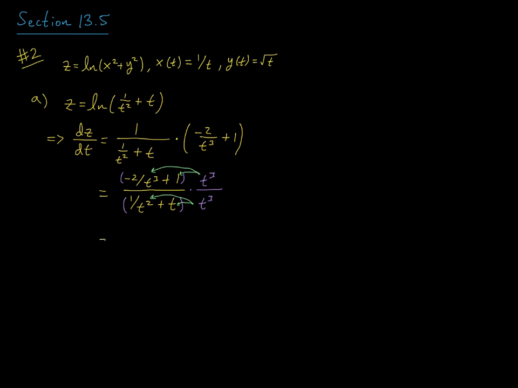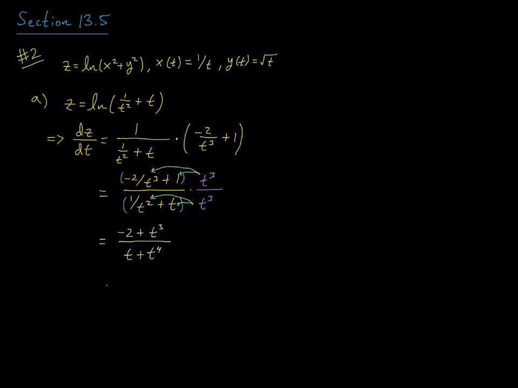So that's going to bring us to a negative 2 plus a t cubed divided by, so t cubed over t squared, that'd just be a t, plus t times t cubed would be t to the 4th.